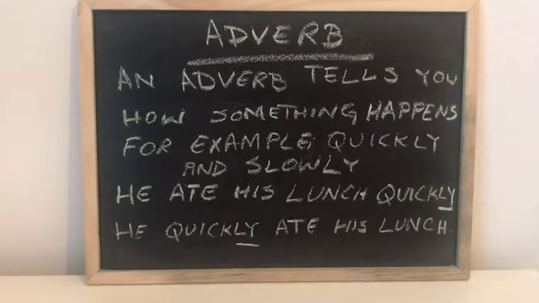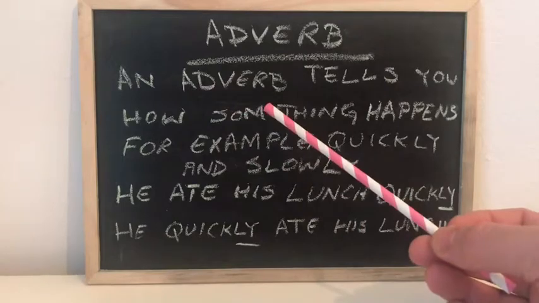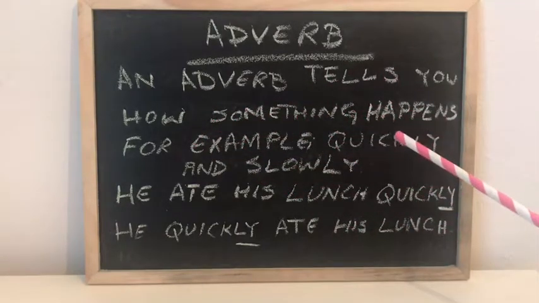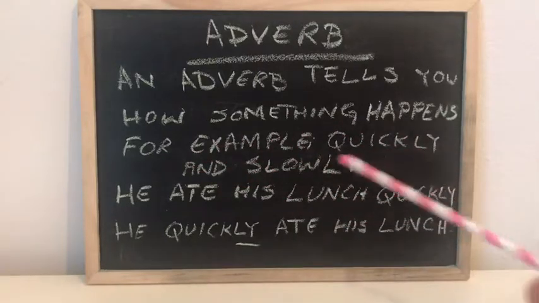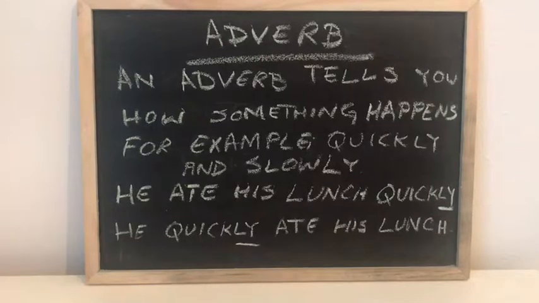Now we talk about the next part of speech, which is called adverb. An adverb tells you how something happens, for example, quickly and slowly. Or we can also define adverb that provides greater description to a verb, adjective, another adverb, a phrase, a clause, or a sentence.